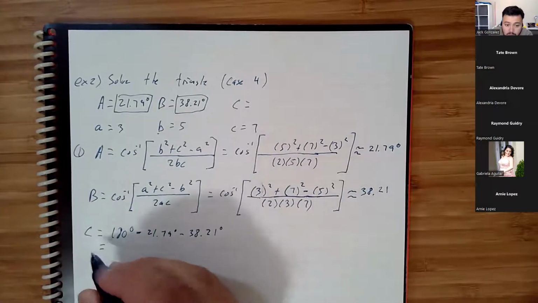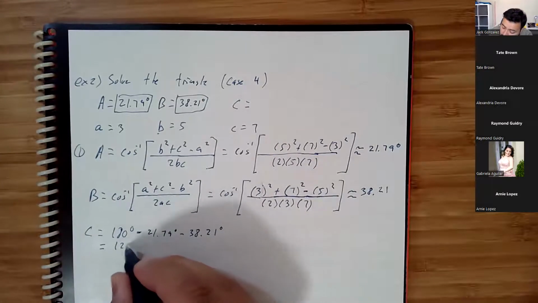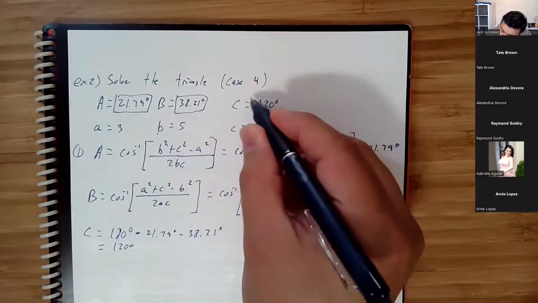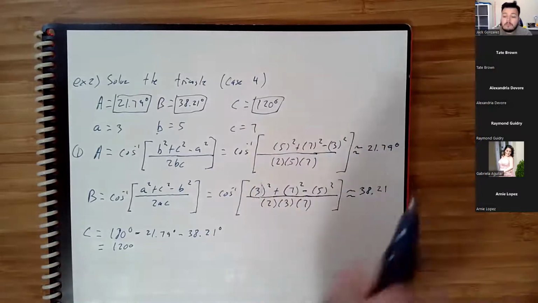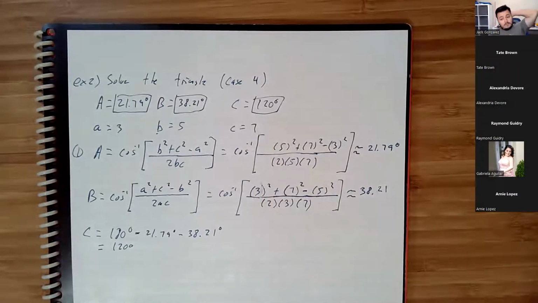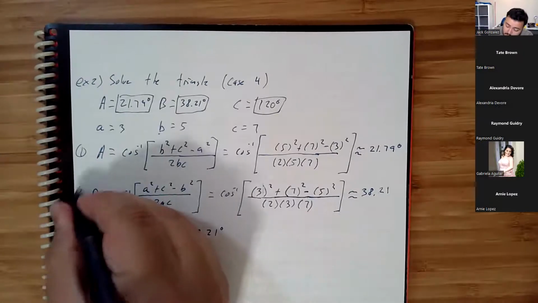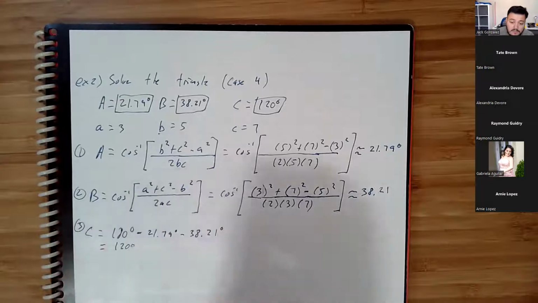So that will be 120 even. So that's case 4. So if you have no angles, you can find them by doing this formula twice and then just subtract from 180 to find the last one.